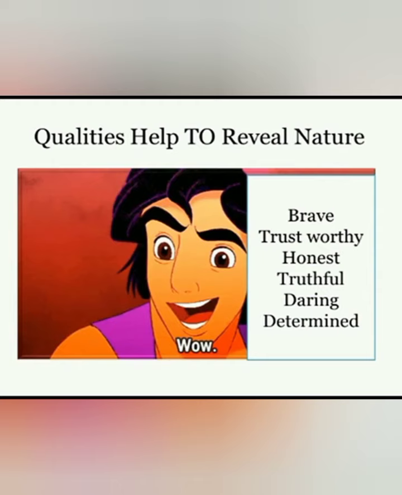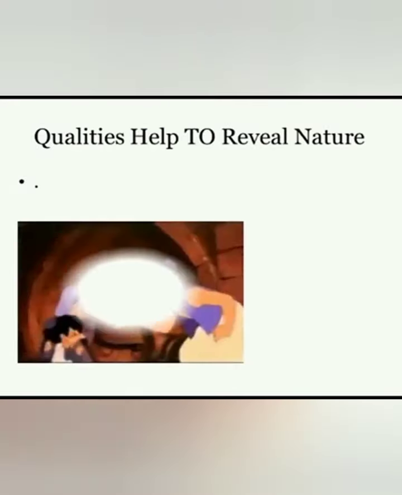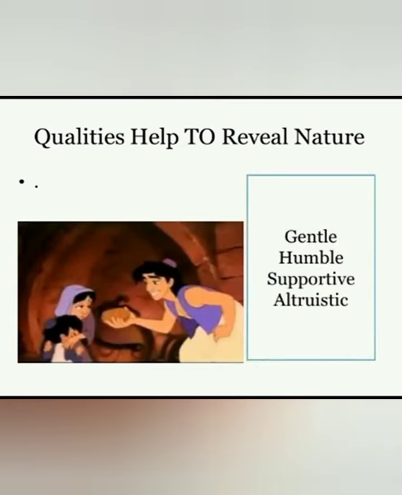So these are all the qualities which tell us about the character of Aladdin. He's a poor person, and sometimes he steals food, but when he sees hungry and starved children, he gives his food to them. So he's a gentle, humble, supportive and altruistic person who thinks for others and helps them.